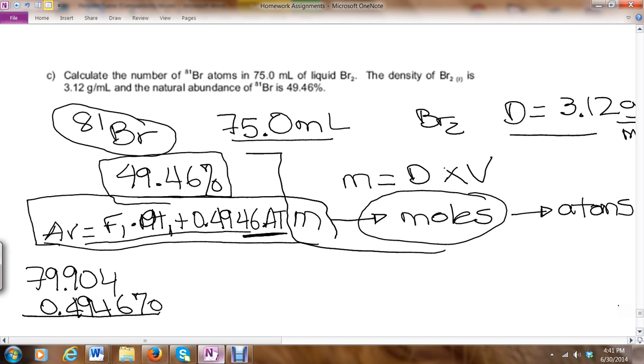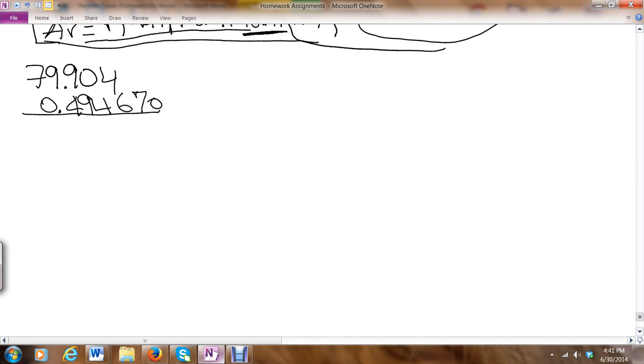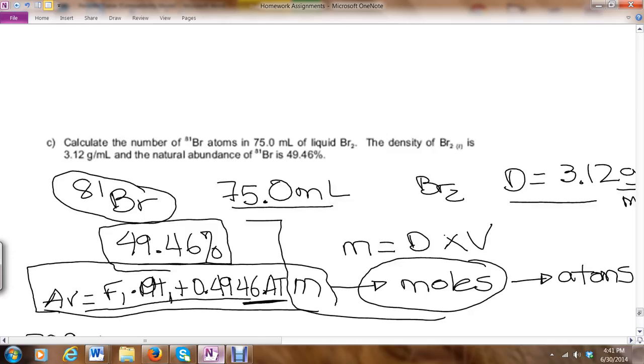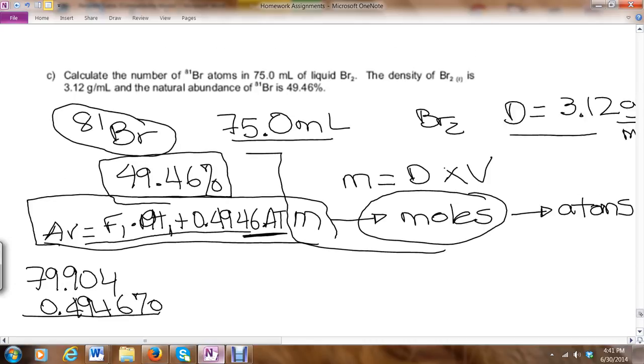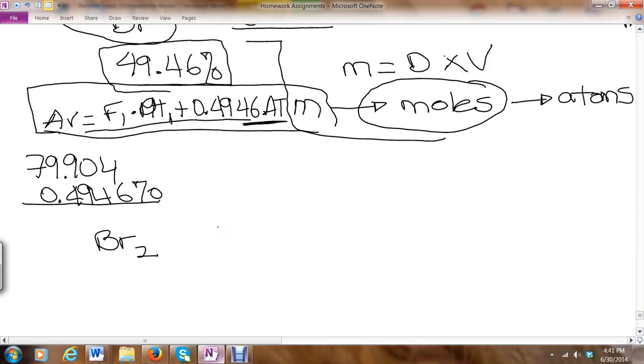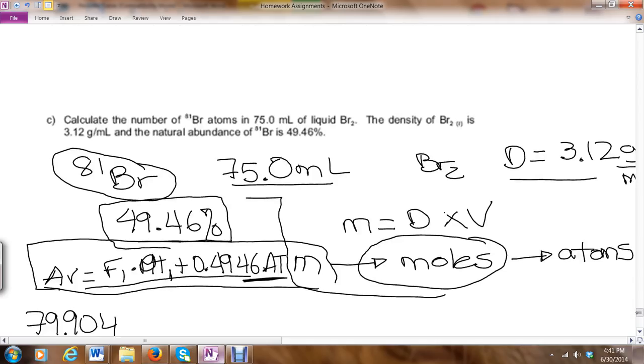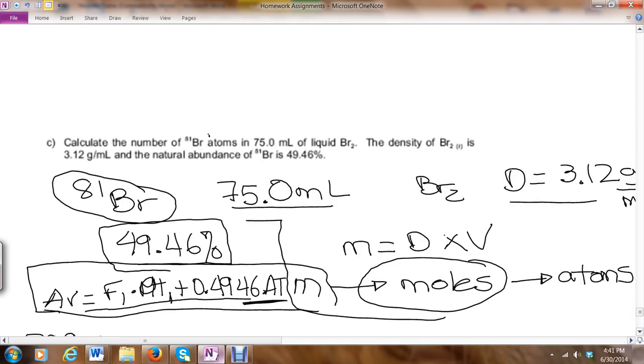But let's do something with this problem because it's a nightmare for you. Let's just consider that the 81 is all of the bromine. So let's assume that this is the bromine 2. And by the way, the 2 means the molar mass. In the 75.0 milliliters, the volume they're giving you, what I did is the following. In the problem, they're asking you to calculate the number of atoms of bromine 81.